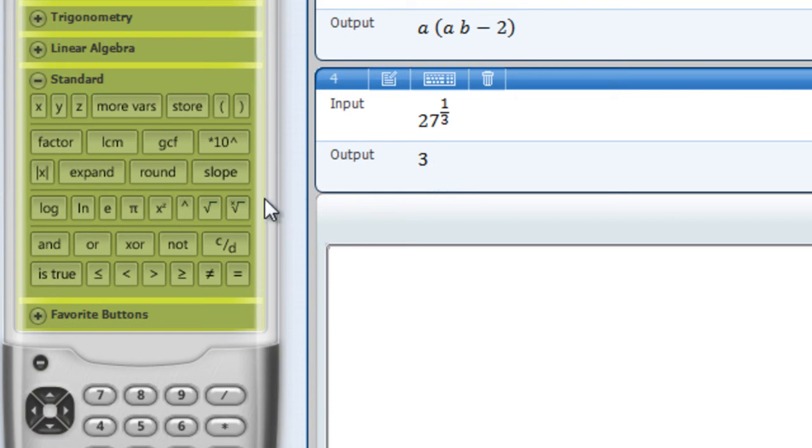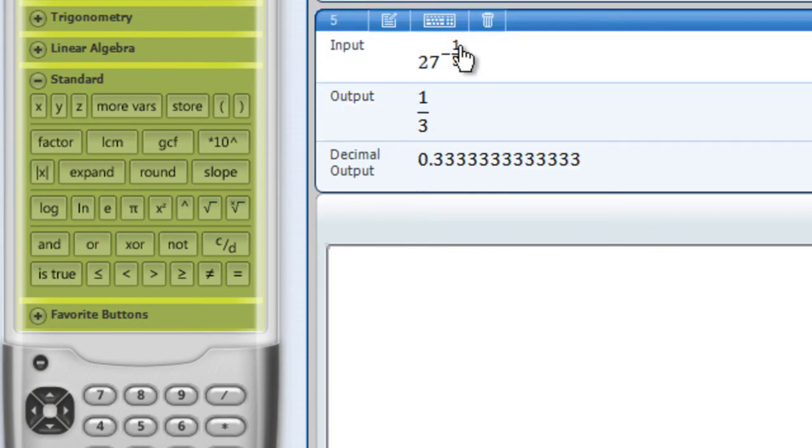It does both positive and negative, so we could do 27 to the power of minus a third, and this will obviously give us 1 over 3, or 0.3 recurring as a decimal. And there we go, it simplified it and gave us a decimal output, which is great.